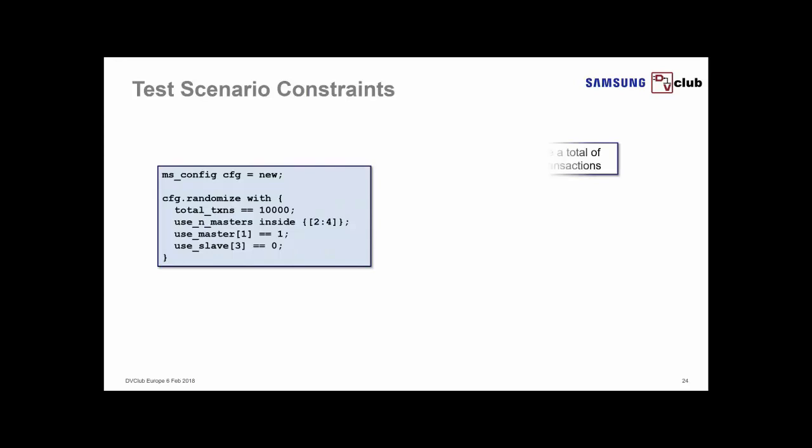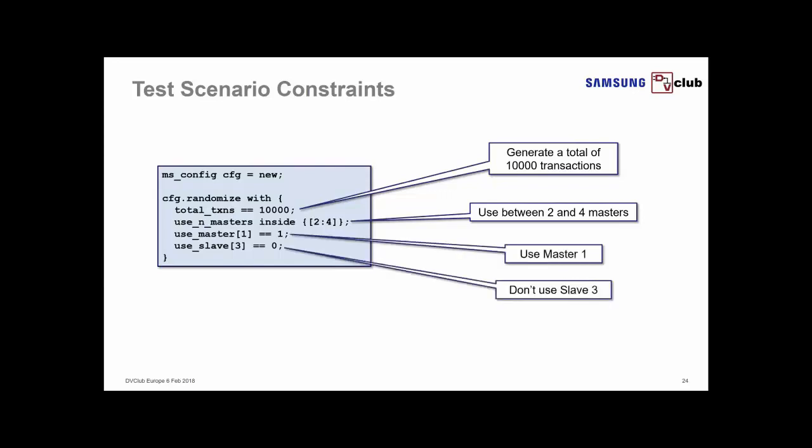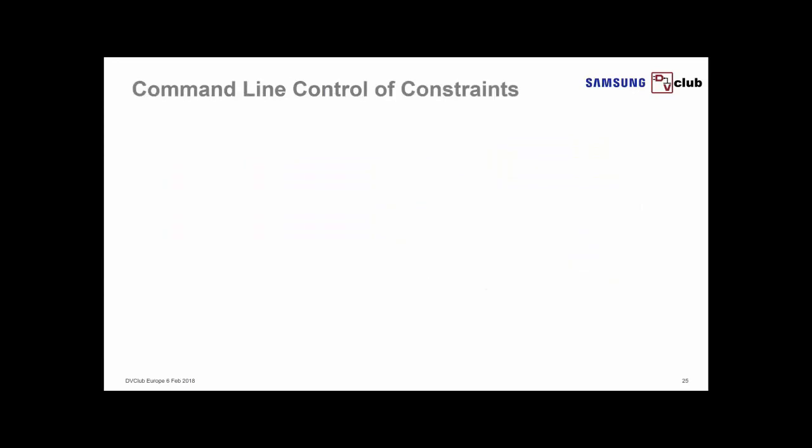And so here's a simple test configuration object, which has our data array plus the constraints. And here I can constrain the total number of transactions to be 10,000. I can say use between 2 and 4 masters, use master 1, but don't use slave 3. But it's writing these constraints, and the solver will figure out all the permutations and give me some random scenario that satisfies these criteria.